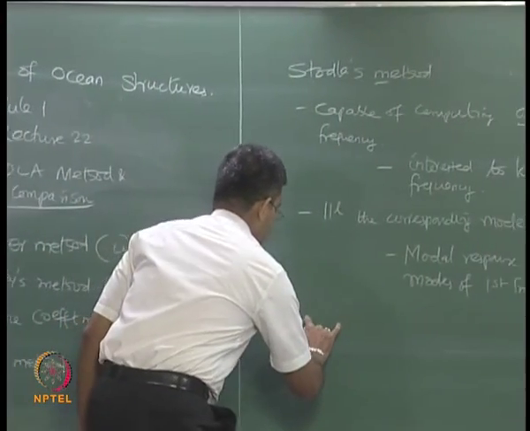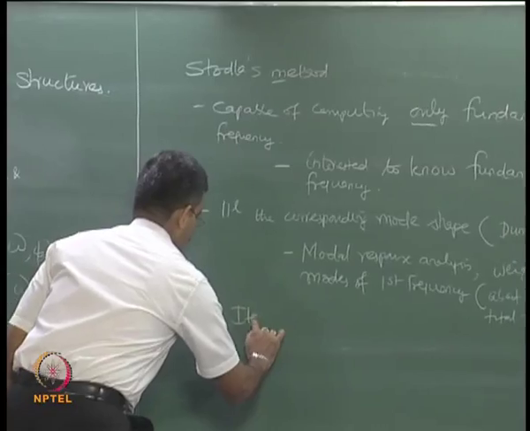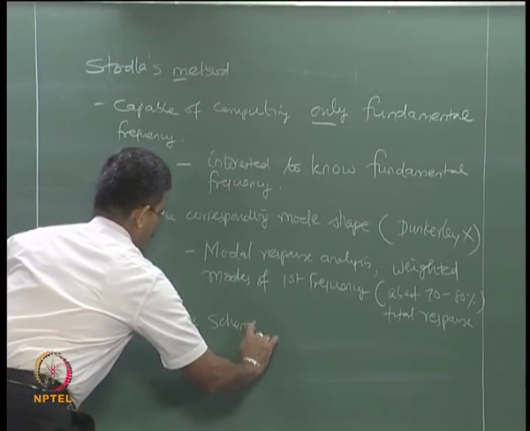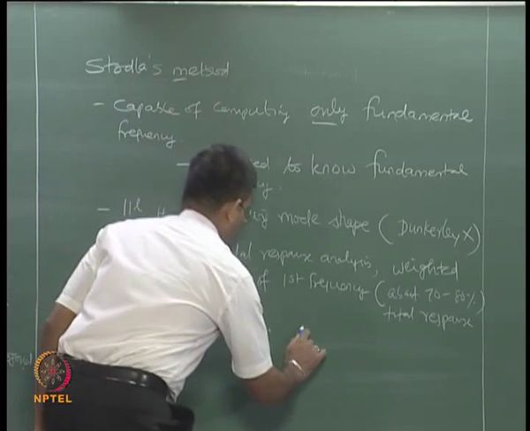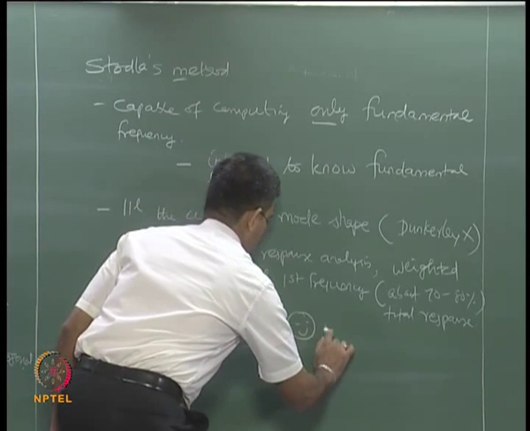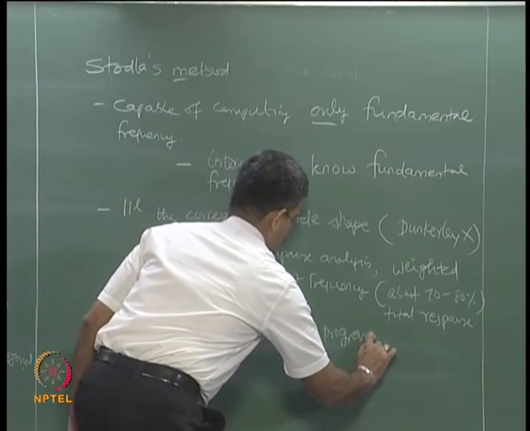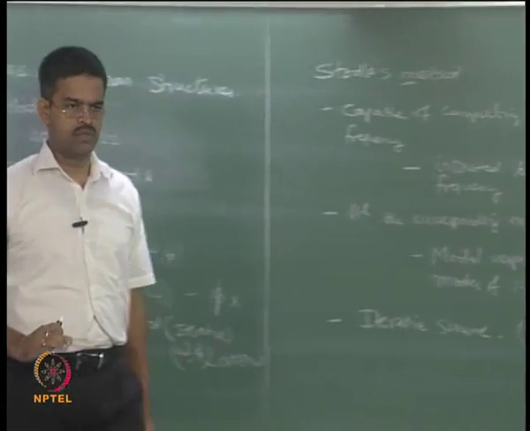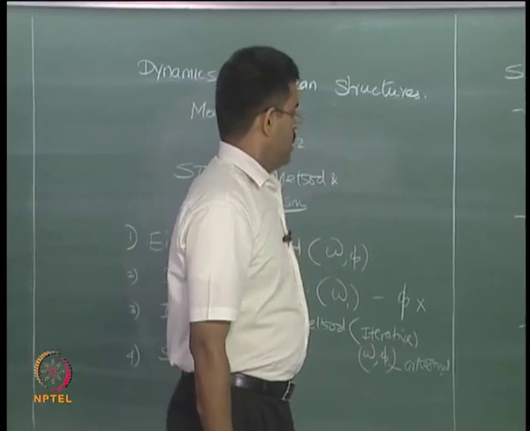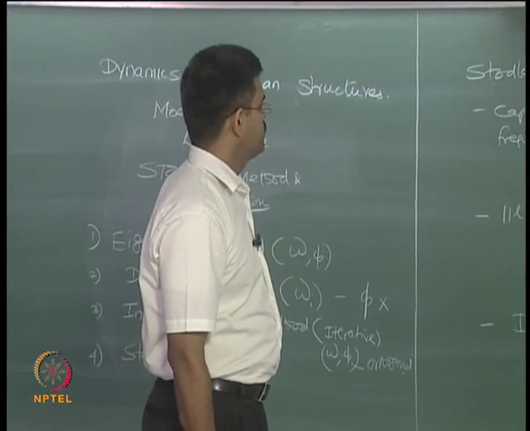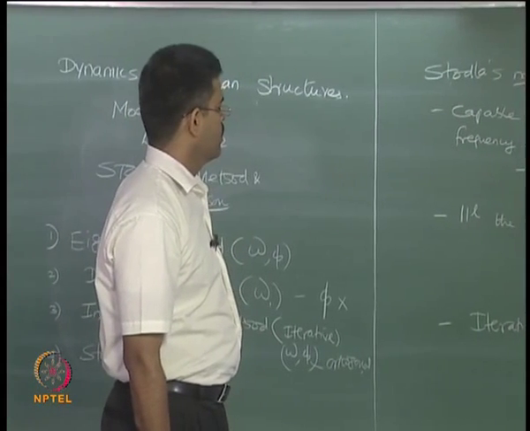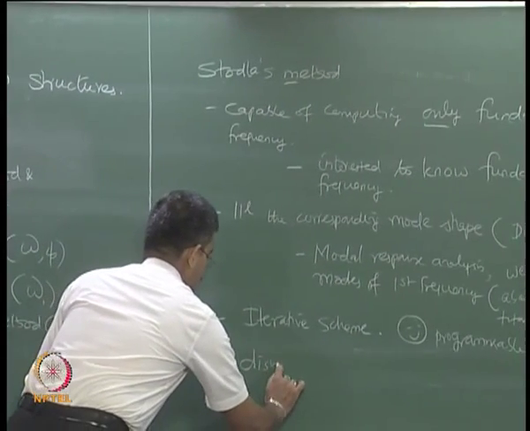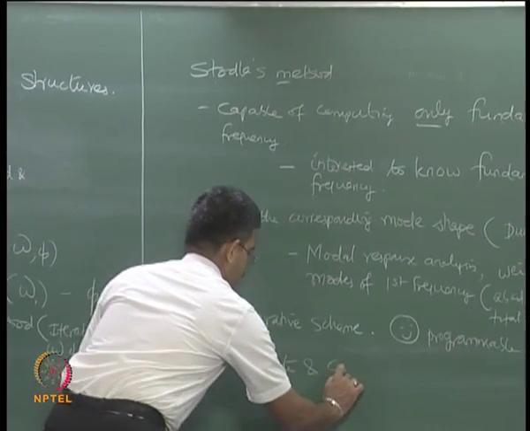The other advantage this method has is this method is again an iterative scheme. So, therefore, easily programmable. Can easily write a program for this. This method can be applied to discrete and continuous systems.